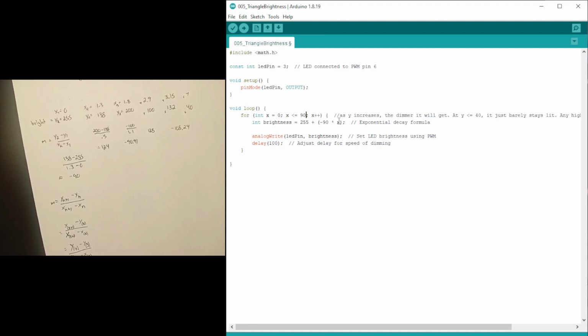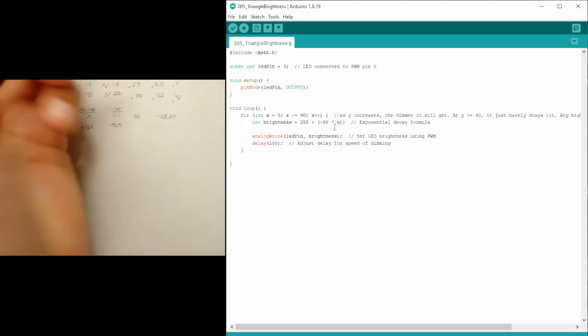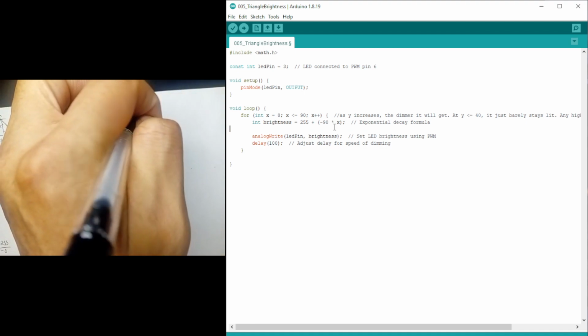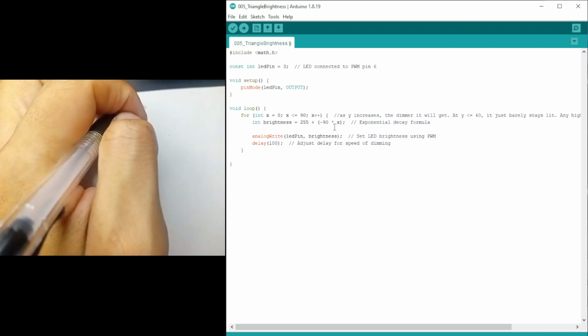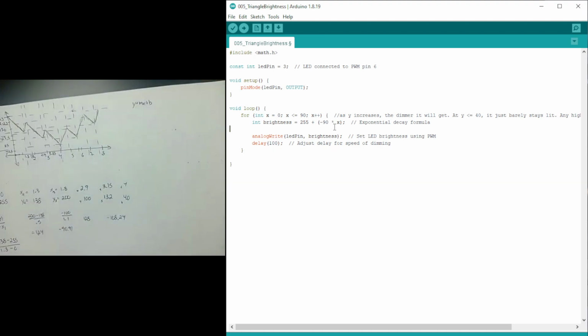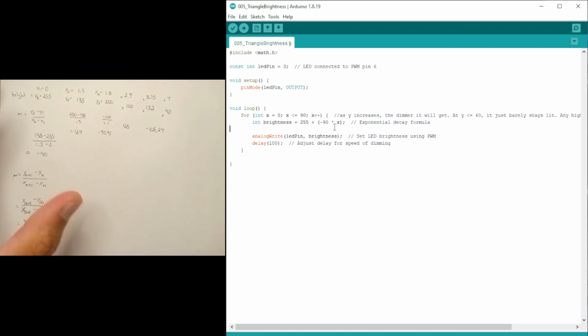So you know what? Why would we do it this way? If this is the slope of the line, y equals mx plus b, this should be pretty simple. I don't know why I'm having trouble. Okay, so I guess I'm not done yet.